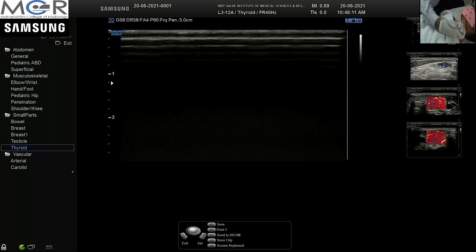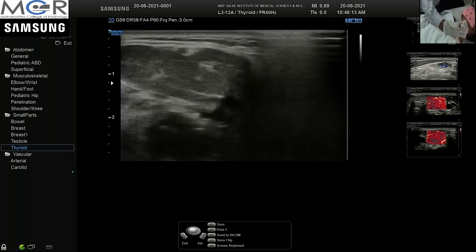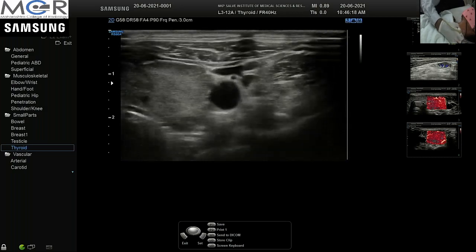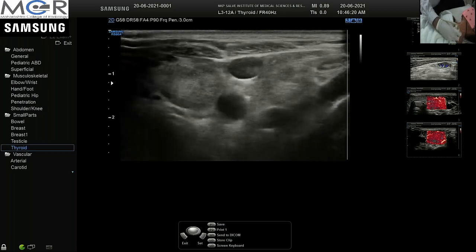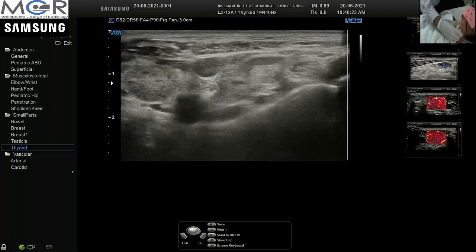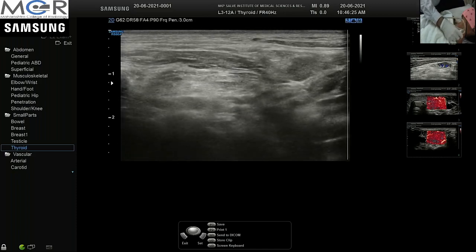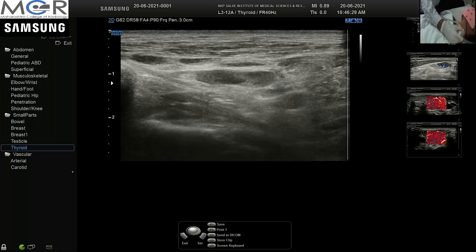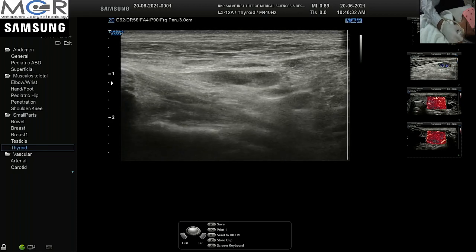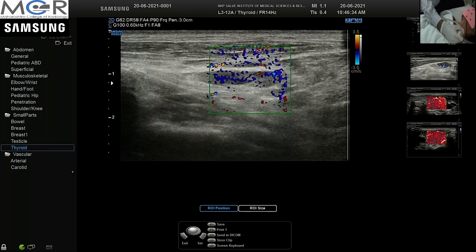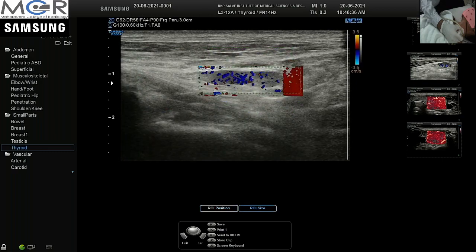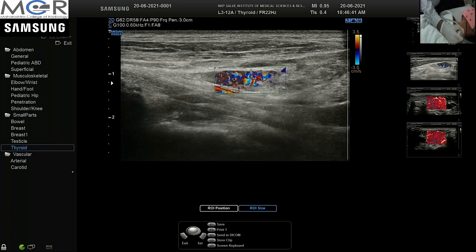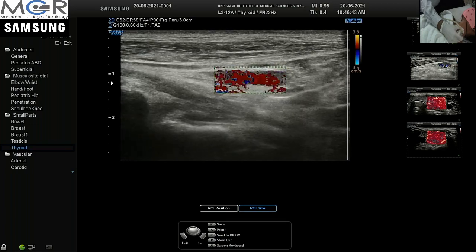Just quickly do the other side. Again, you can see there are small nodes. There is a node here.